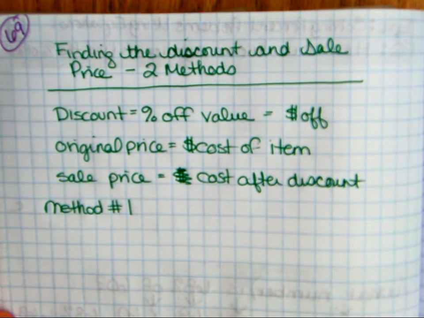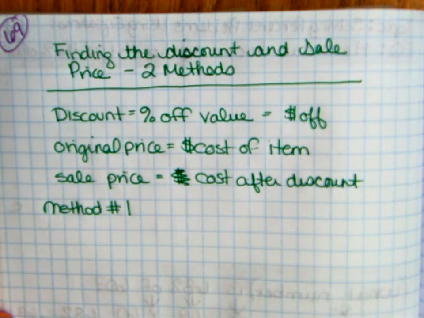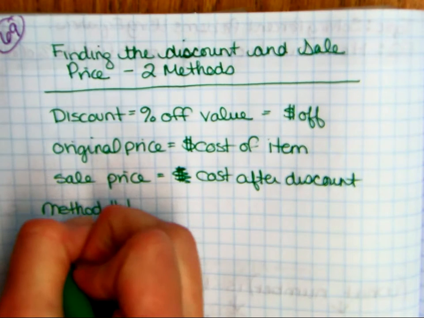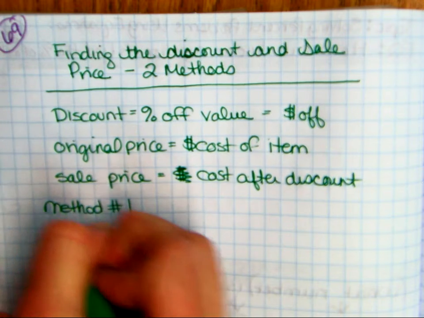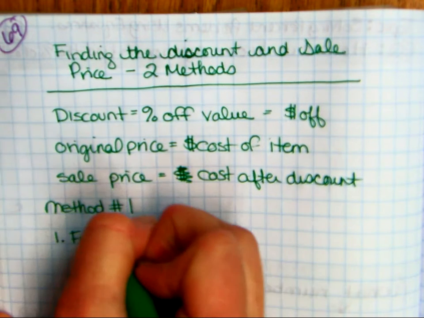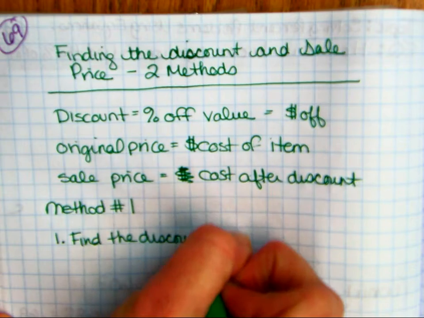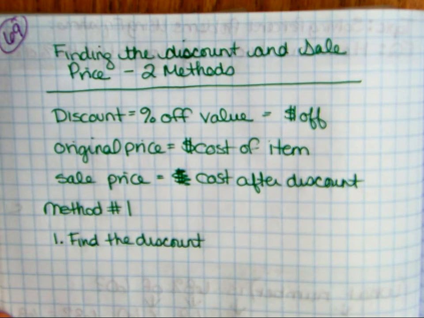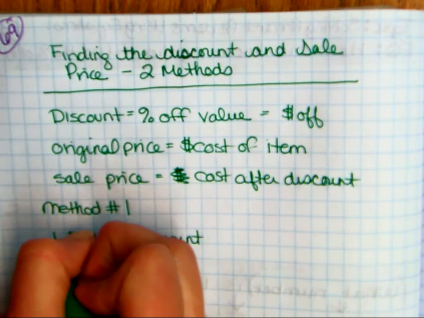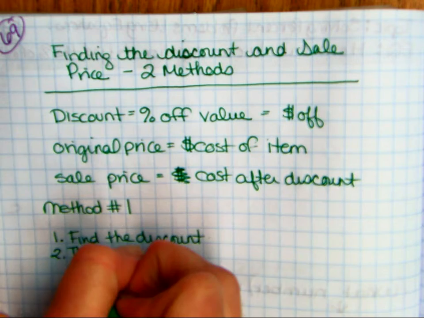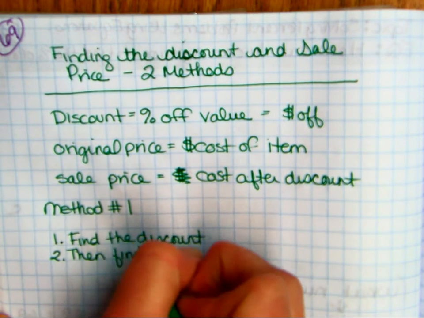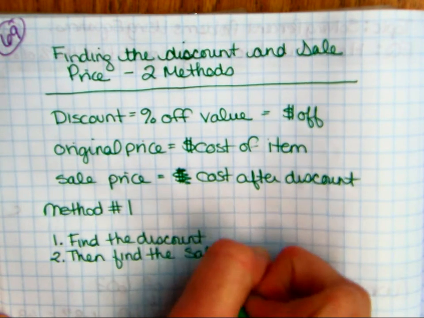Method number one is that you first find the discount, then find the sale price.